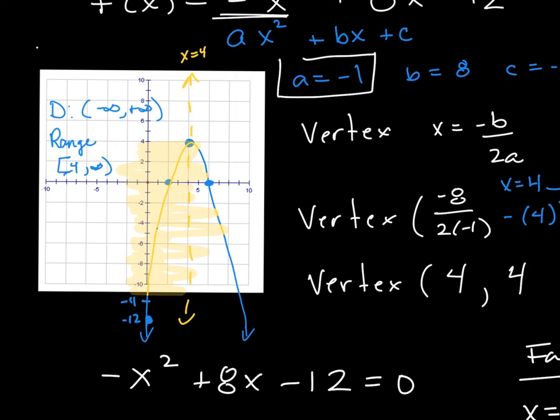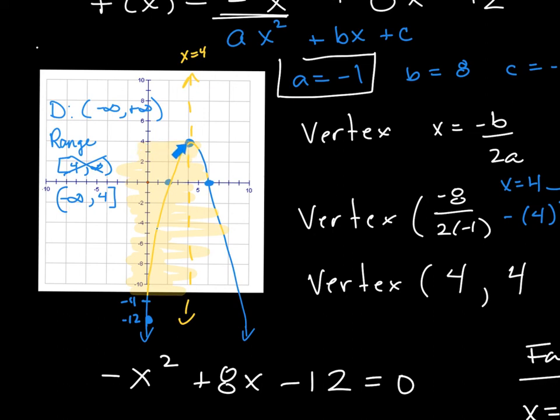But don't write it this way. Always go from negative infinity up to 4. Remember, when you're doing range or domain, you always have to start on the left-hand side as the smallest value. So be careful. Even though the graph does go from 4 going down, when you write the range in interval notation, it must be the smallest value going first.